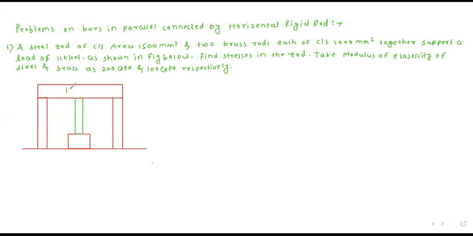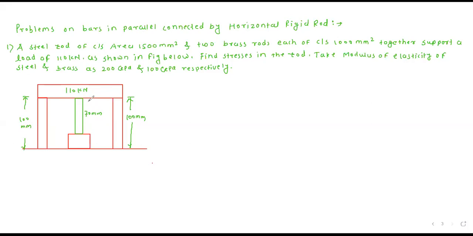Here the load is applied, the total load is 110 kilonewton. The height of this brass rod is given as 100 mm, this is also 100 mm. And the height of the steel is given as 70 mm.